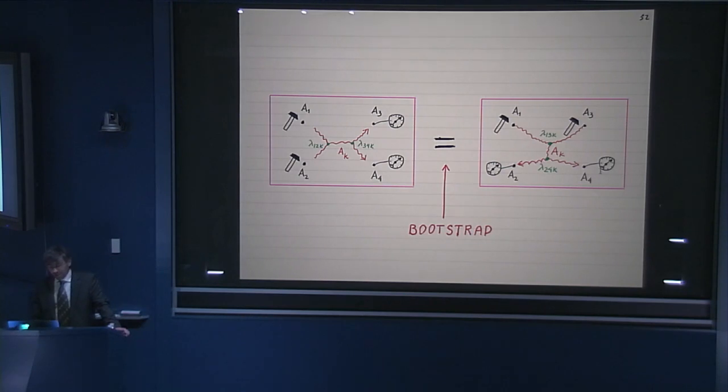And both experiments describe the same correlation function, so the results of this experiment should agree. But you see that the computation that I do is not the same, because on the left-hand side, the computation involves these coefficients lambda 1 2 k and lambda 3 4 k.